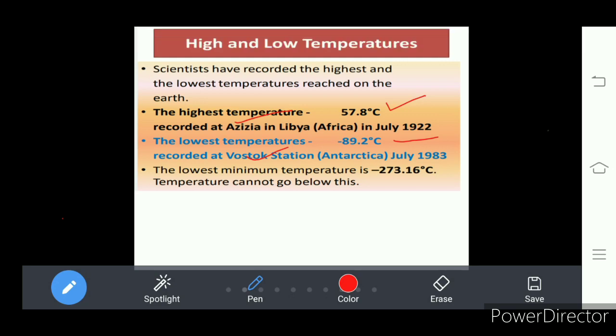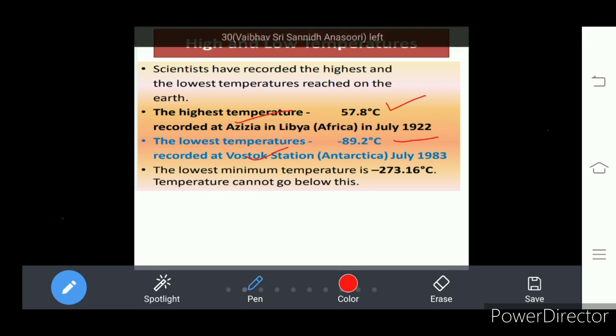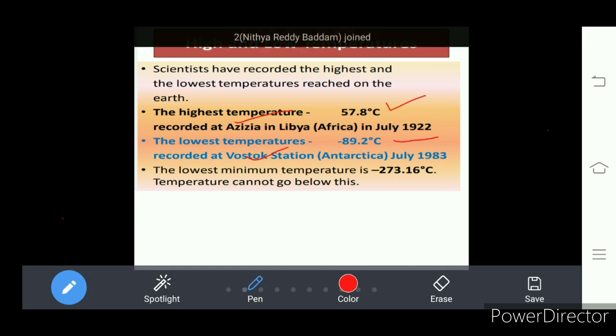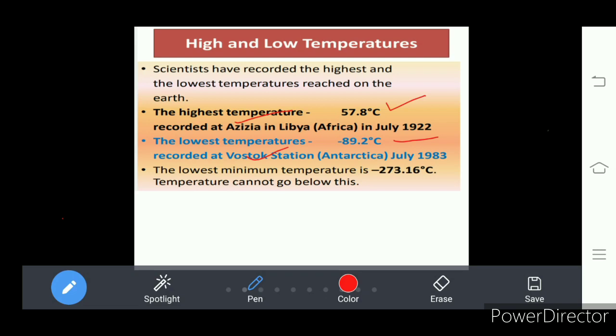And the lowest possible minimum temperature is minus 273.16 degrees centigrade. So on the earth, what is the lowest temperature recorded? That is minus 89.2 degrees centigrade. The temperature cannot go below this point, minus 273.16 degrees Celsius.